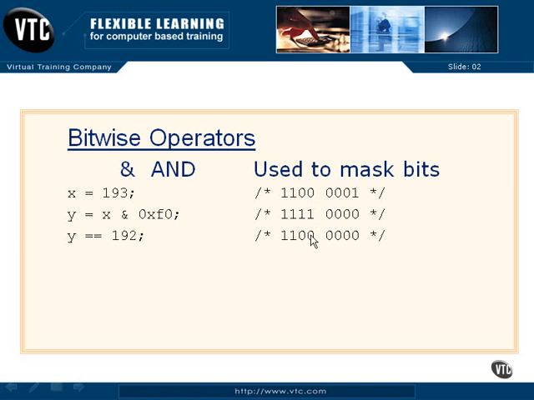And down here, we're not masking these. We don't want to see those down there, so this one does not come through. So we only get whatever bits were set in the high order nibble of our byte of 193. So here we have 193 ANDed with F0, and our result will be 192, which is 128 and 64. That's these two high order bits right here. So that's a bitwise AND.